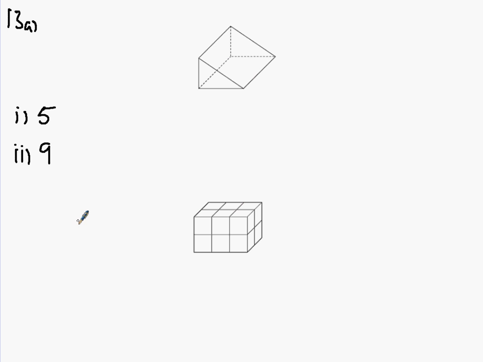Then we're asked, here's a solid cuboid made from centimetre cubes, find the volume. Now you can count the number of cubes in it. I prefer to look at the dimensions here. So it's 3 times 2 and times it by 2 again. So 3 times 2 is 6 and 6 times 2 gives us 12, and that again is in centimetres cubed.